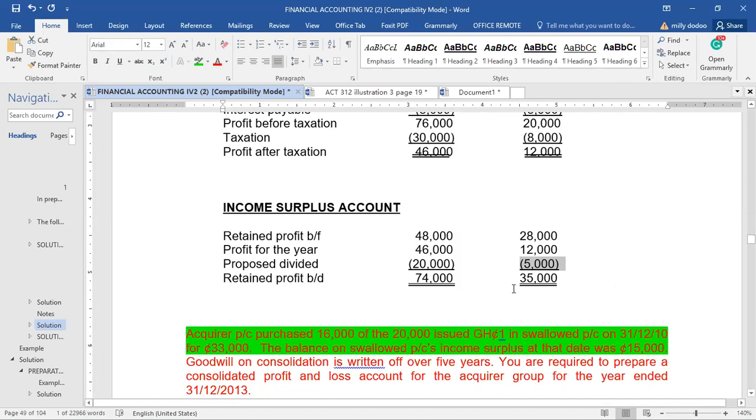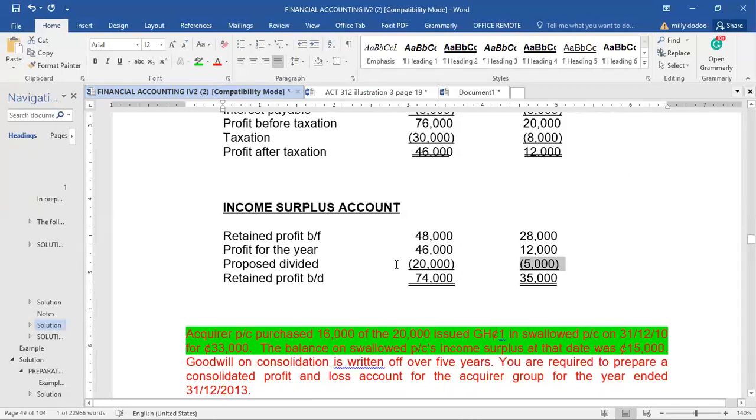Take note. This is what Swallowed is going to give to its shareholders. And among the shareholders, acquirer alone is owning 80% of that investment.